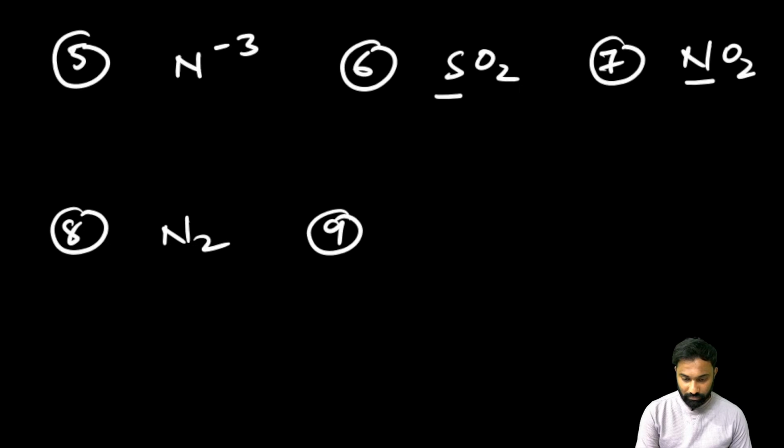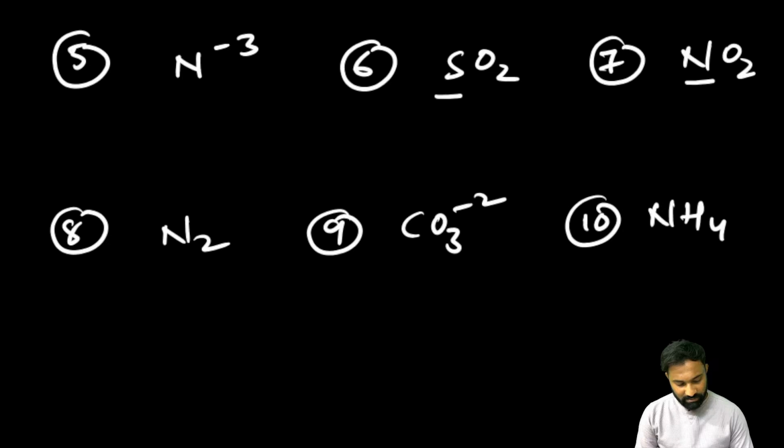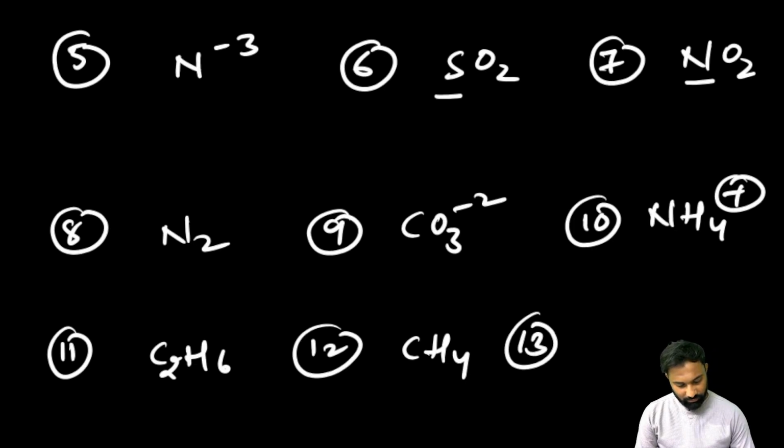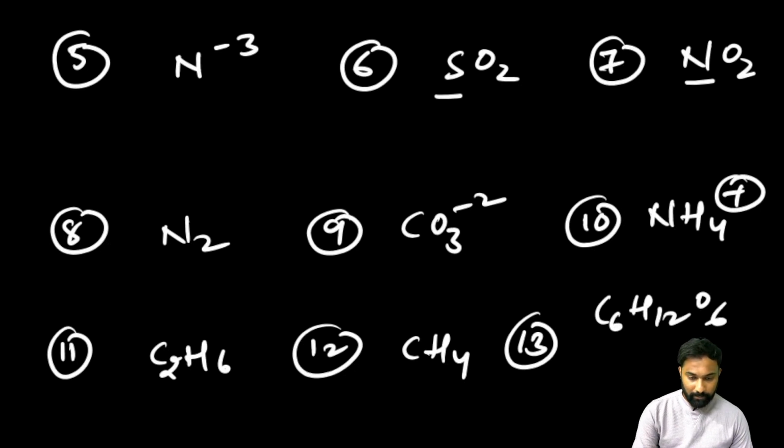Ninth one, CO3 minus 2. Next, tenth one, NH4 plus. Next, eleventh one, C2H6. Twelfth one, CH4. Now, thirteenth one, C6H12O6.